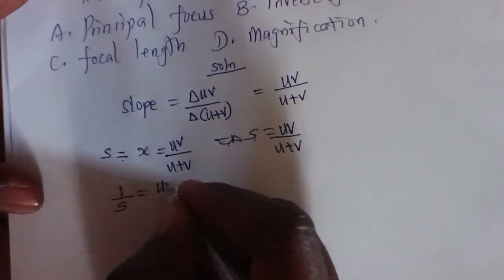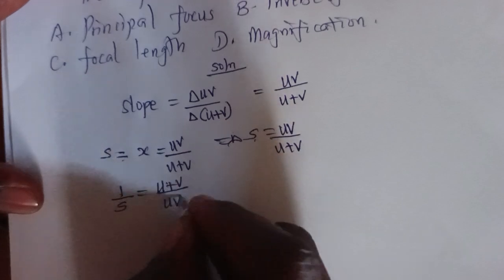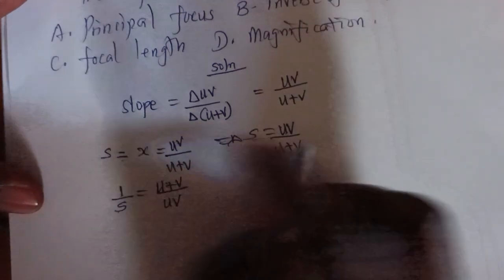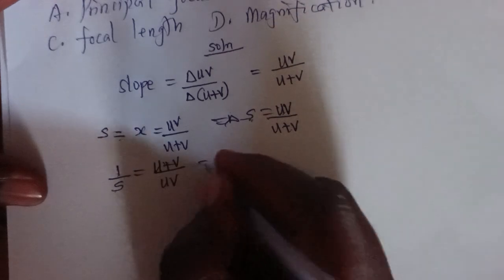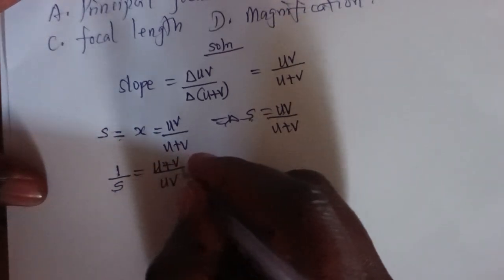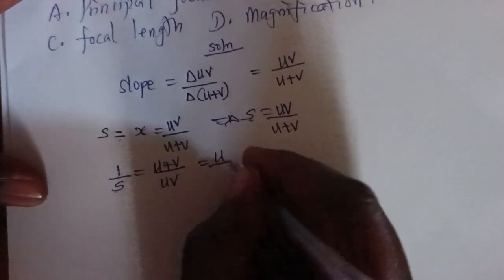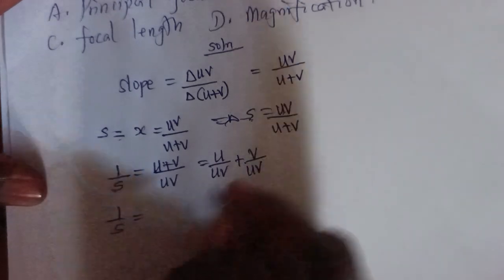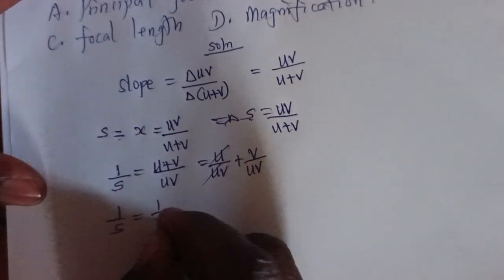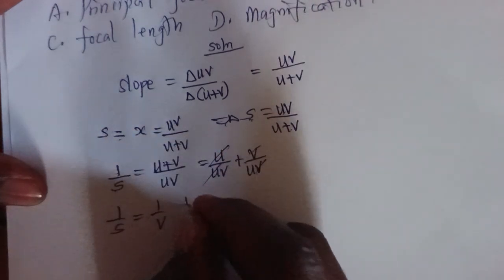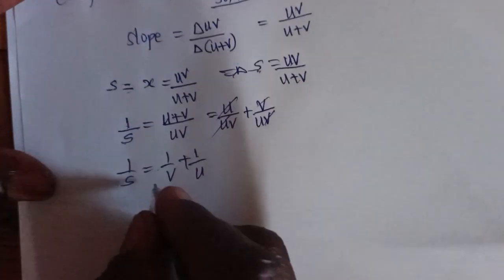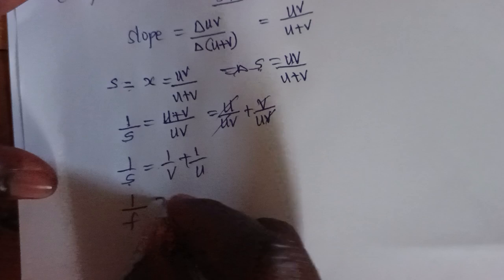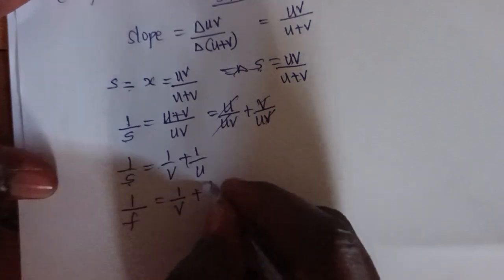Then this will turn to u plus v divided by uv. Now you can rewrite this expression on the right hand side as u divided by uv plus v divided by uv. So 1 over S equals, u can go, we have 1 over v, then v can go, we have 1 over u. So this is a lens formula. By replacing this S with f, that is f the focal length, we have 1 over f equals 1 over v plus 1 over u.